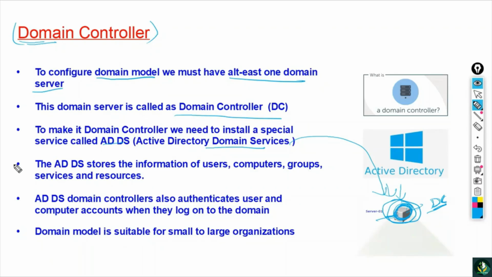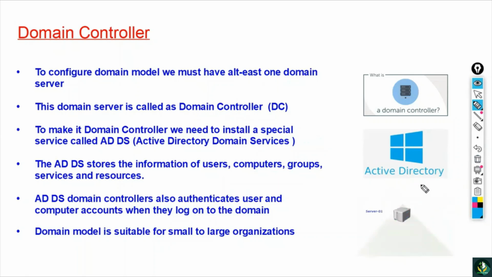So what is this Active Directory Domain Service? It stores the information of users, computers, groups, services, resources, etc. So it will store the information of users, computers, and other things of your network. ADDS domain controllers also authenticate users and computer accounts when they log in. So who is authenticating the users?